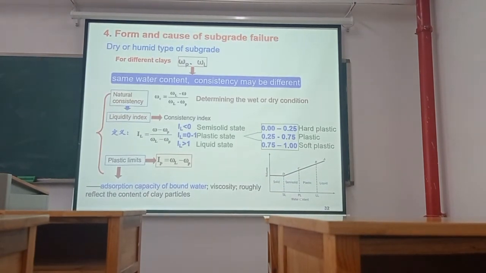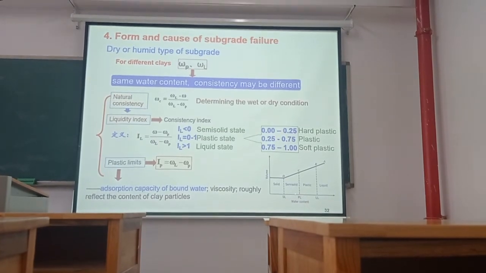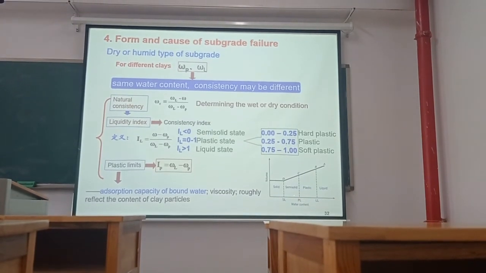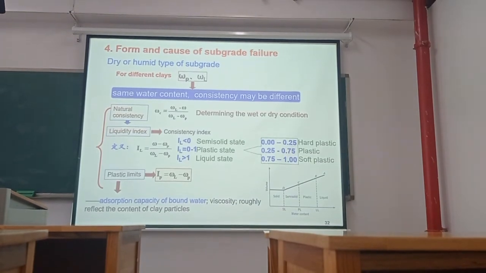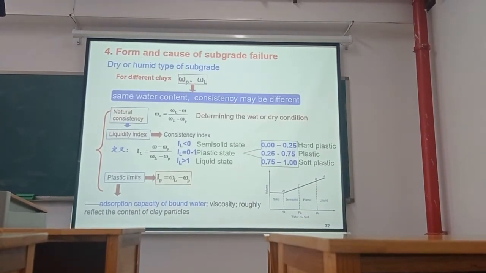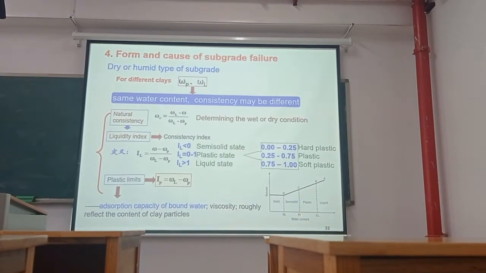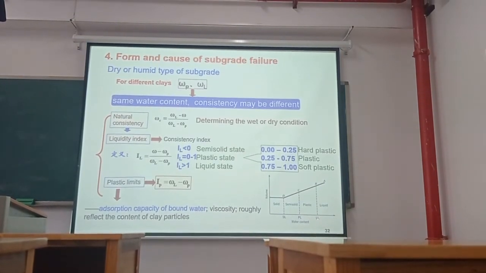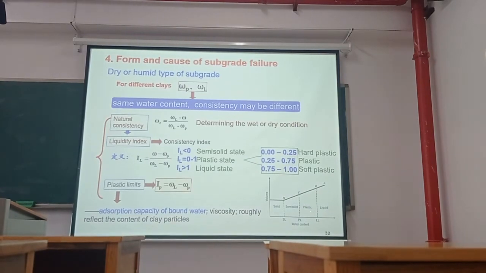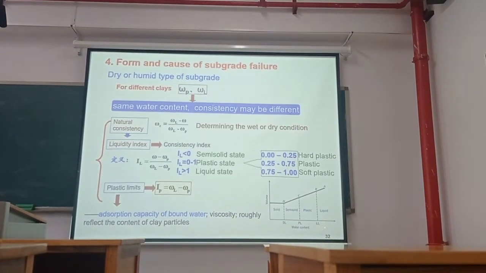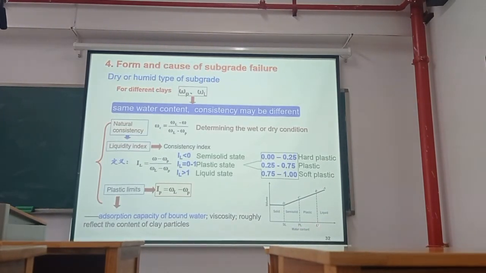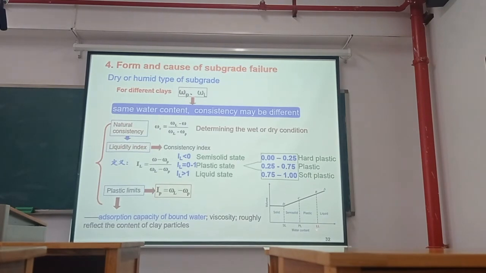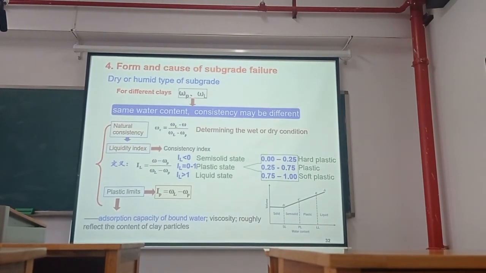With the water content increasing, between the shrinkage limit and plastic limit, it is in semi-solid state. From plastic limit to liquid limit, it is in plastic state. But when the water content is larger than the liquid limit, it is in liquid state.